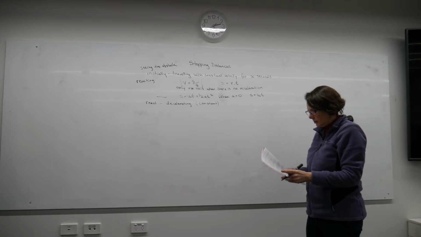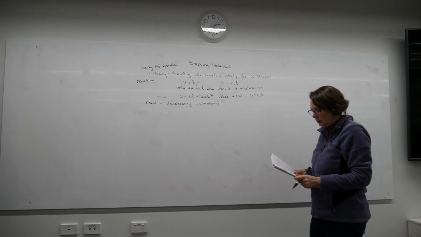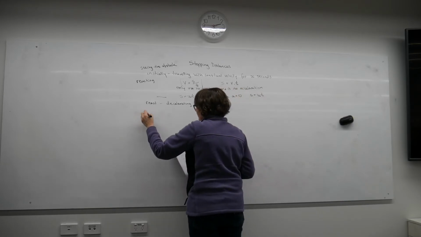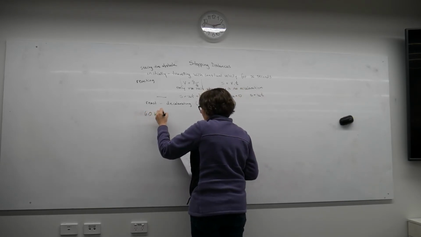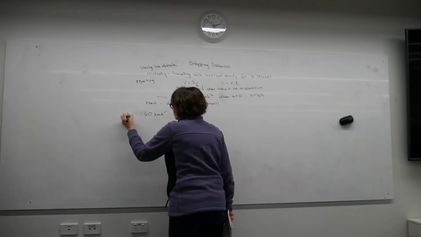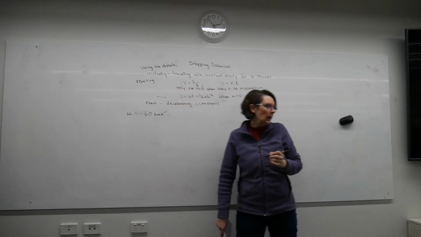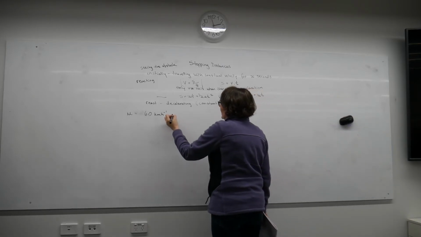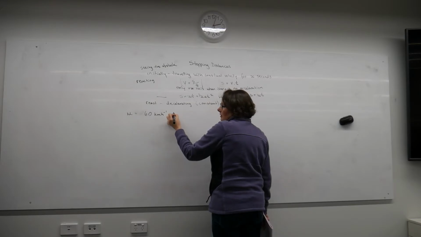Alright, so if we look at an example, it says a truck driver travelling at 60 kilometres an hour. So what's the first thing we're going to need to do to that? We need to convert to metres per second. How are we going to convert to metres per second? Divide by 3.6.